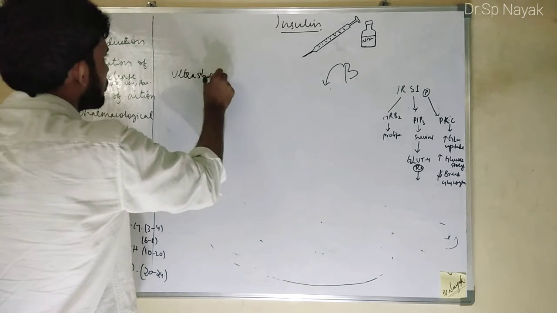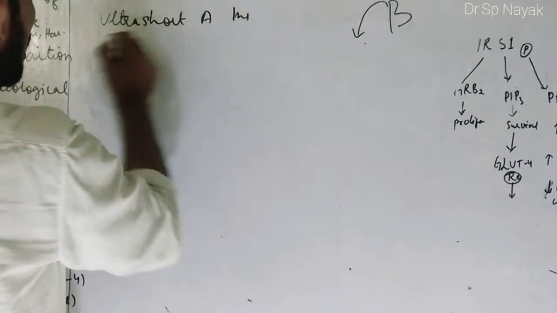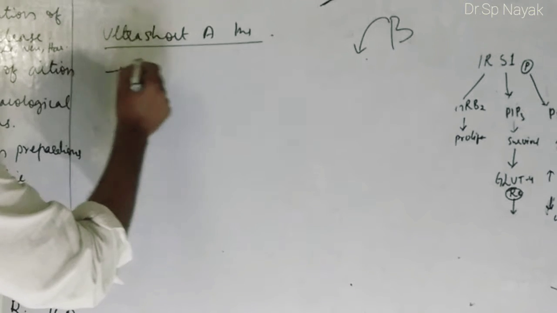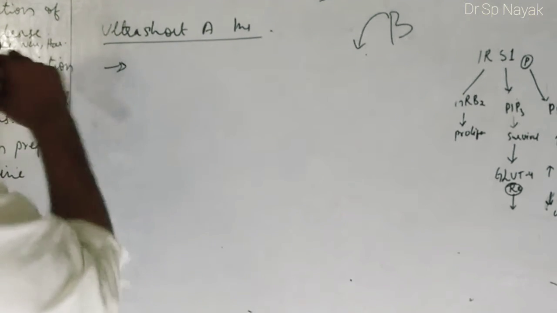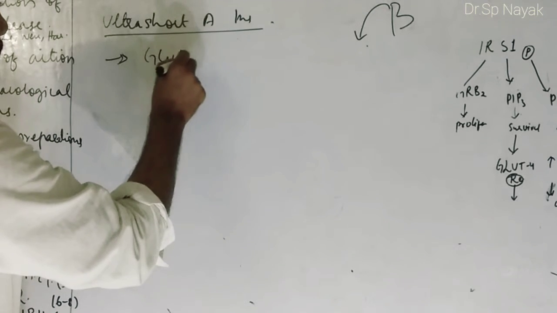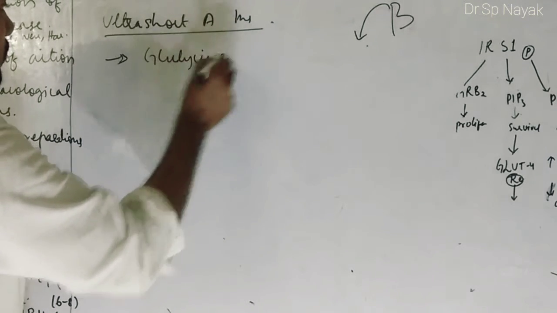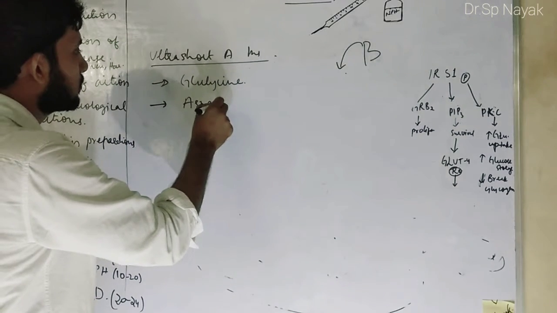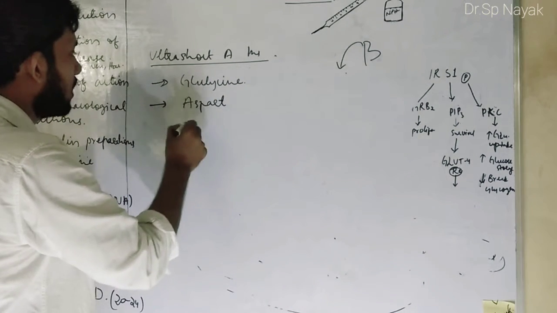Ultra short acting insulin. In this group we have glulysin, aspart and lispro.